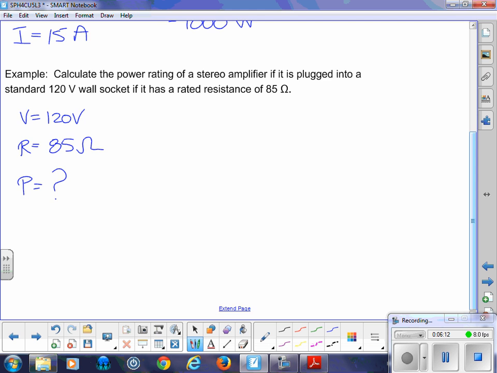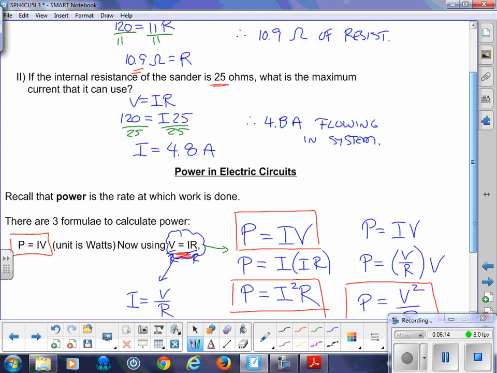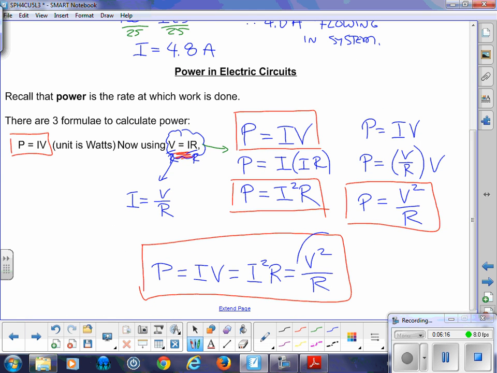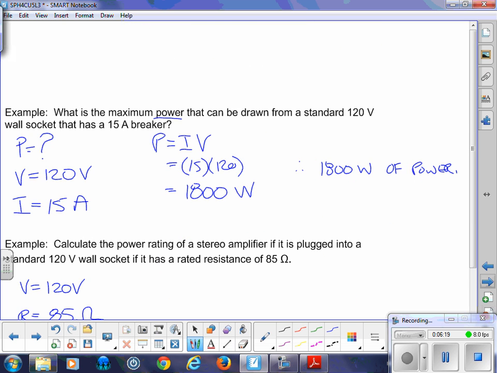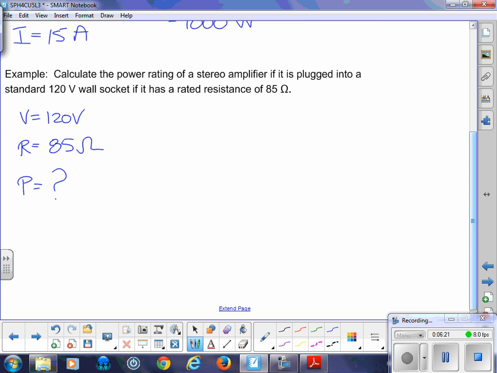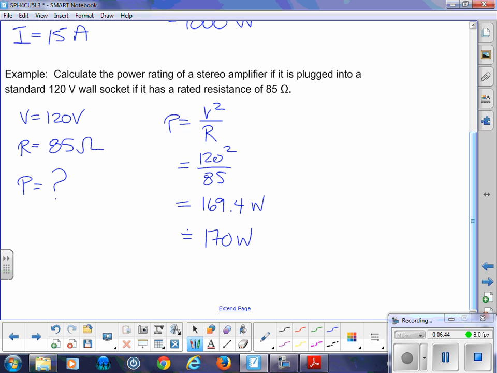So we need a formula with V and R in it. Looking at your three iterations, V and R are right there. So power equals V squared over R: 120 squared over your resistance of 85. Doing that calculation, we get 169.4 watts. So it's about a 170 watt stereo amp.